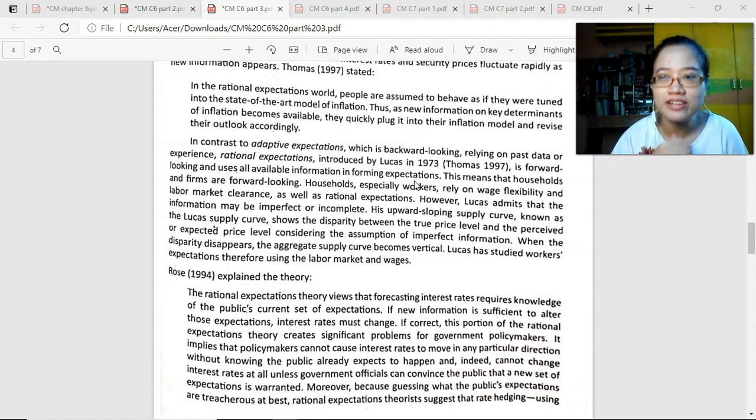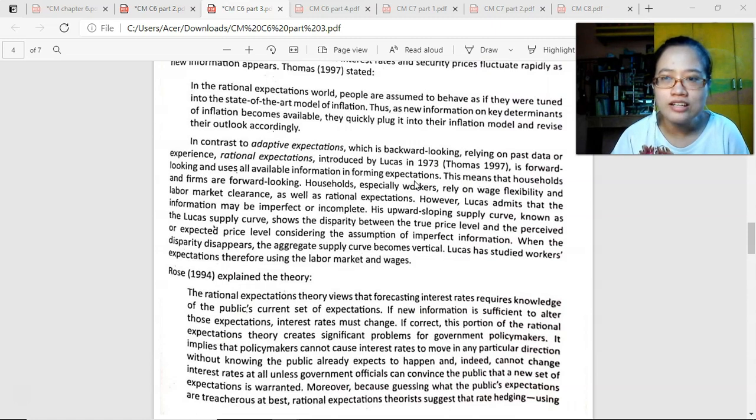Before, it is true, di ba, that you can base your decisions on historical data. But given how fast technology is advancing and the different scenarios that are now available, businesses could innovate a lot. They could introduce new products and services, and they could use new media in delivering their goods and services.